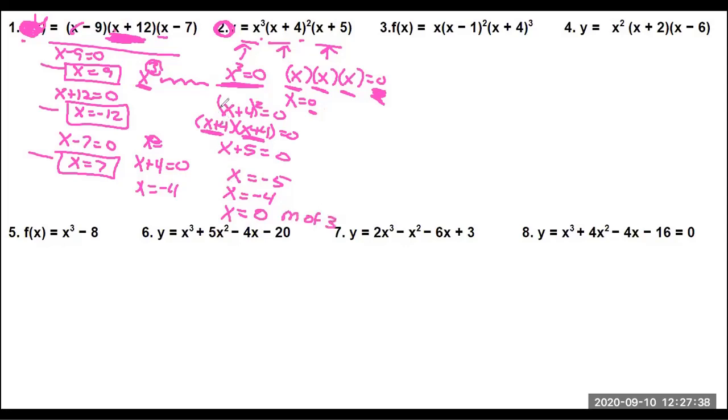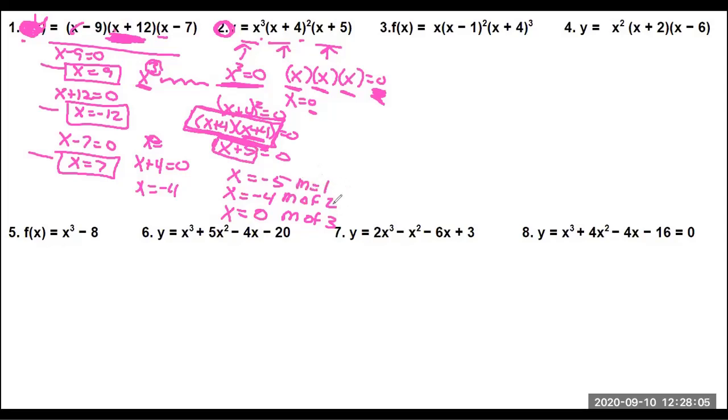And you take a look at this -4. How many times did the factor happen that created this -4? It happened twice. So that means we would say it's got a multiplicity of 2. And then take a look at the factor that made me a 0 of -5. It only happened once. We would say it's got a multiplicity of 1.